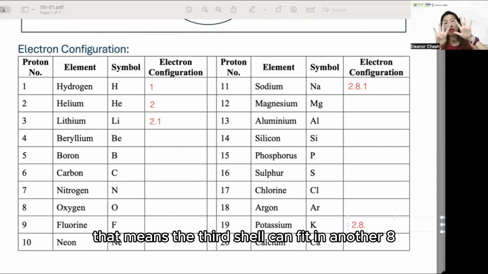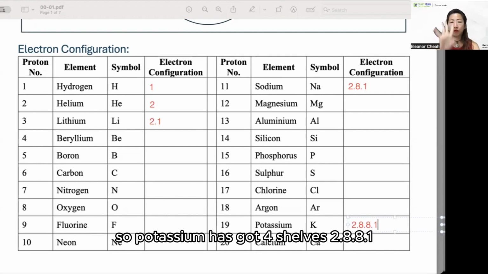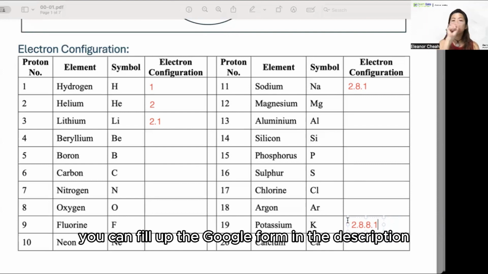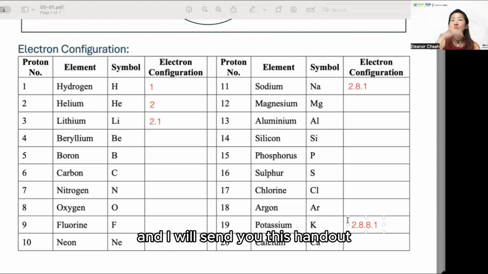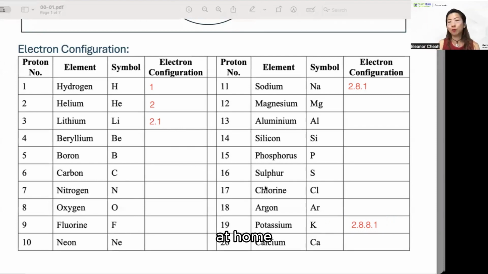That means the third shell can fit in another 8, leaving 1. So potassium has got 4 shells, 2.8.8.1. If you are interested, you can fill up the Google form in the description, and I will send you this handout. You can practice writing the electron configuration at home.